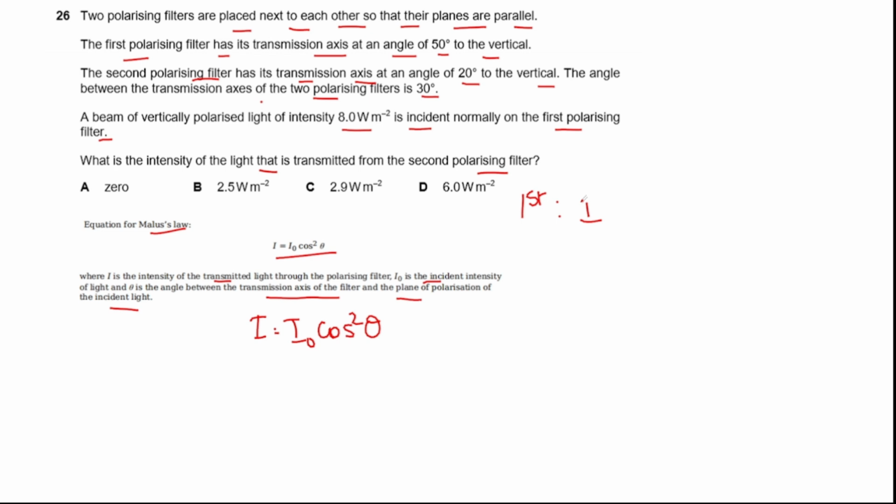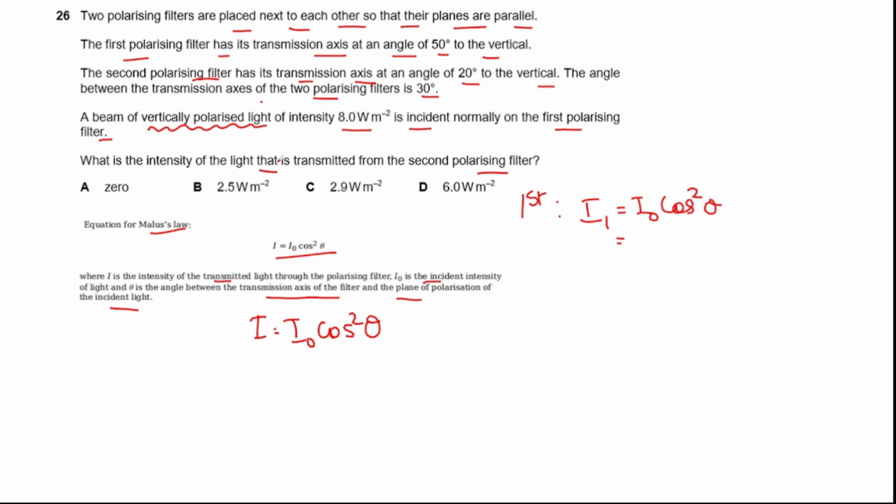So here the intensity from the first polarizing filter is going to be I naught cos square theta, and the incident intensity is given. It's already vertically polarized. If it is an unpolarized light, the first filter will just make the intensity half.